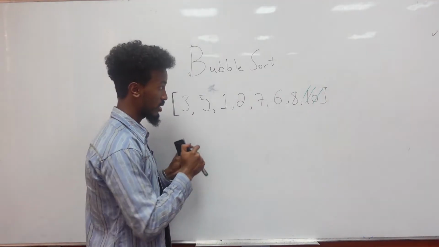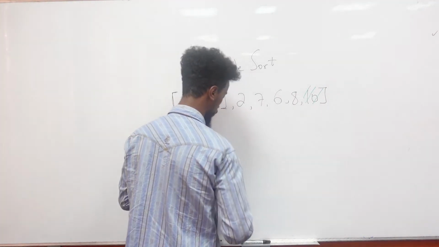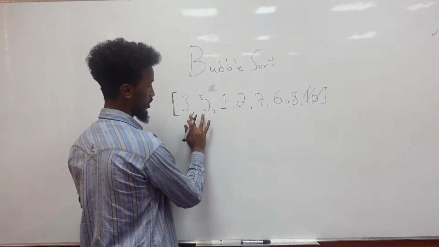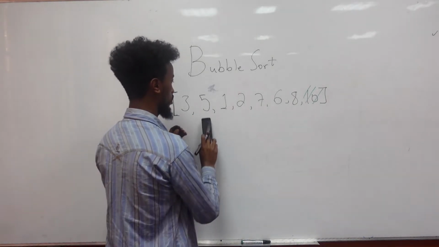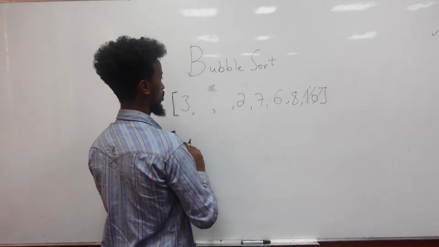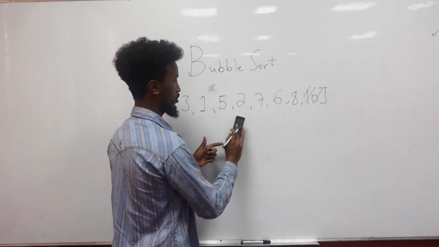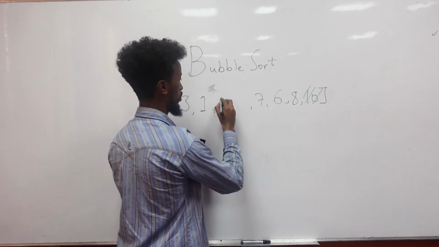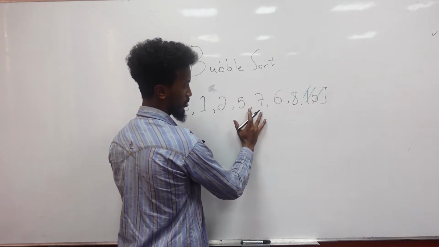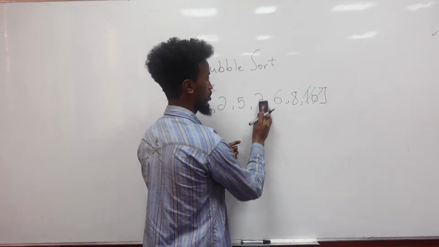Now let's do the same thing for the remaining part. 3 and 5, they are okay. 5 and 1, they are not. 1 comes here, 5 comes here. 2 and 5, they are not. 5 and 7, they are okay. 7 and 6, they are not.